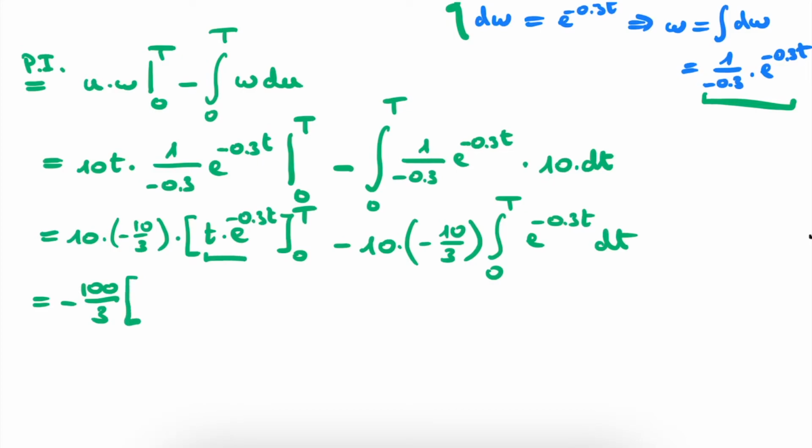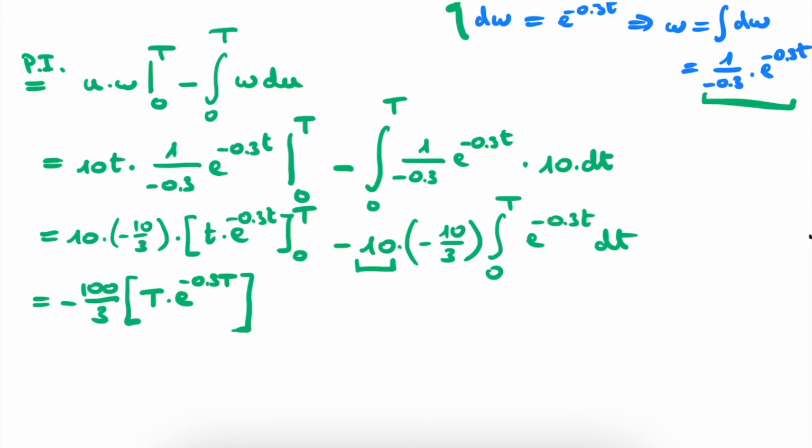If we fill in t in this function, we simply get capital T multiplied by e to the power minus 0.3 times capital T. If we fill in 0 in this function, then we simply get 0, because we multiply by t, and t is 0. So this term can be dropped, and we simply have this result for this first term right here.